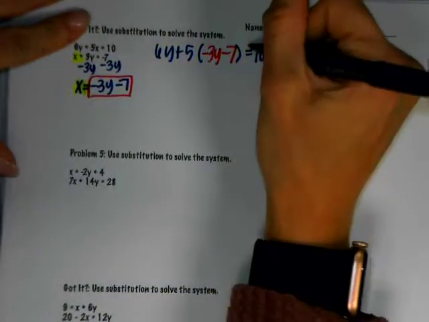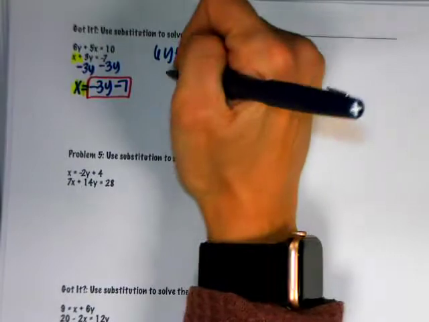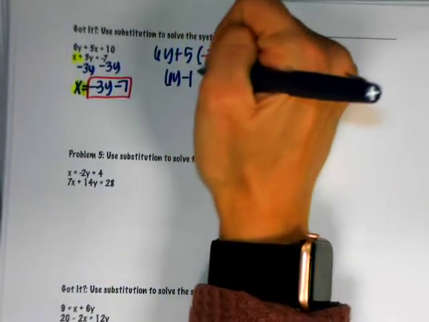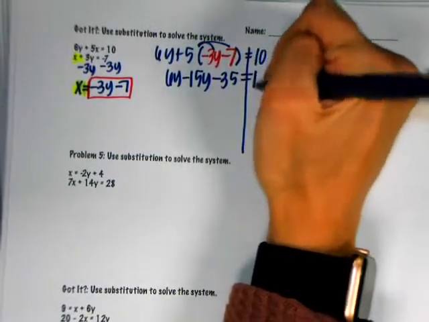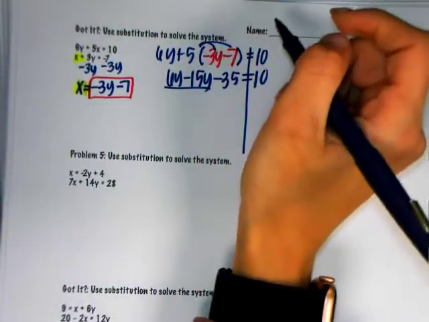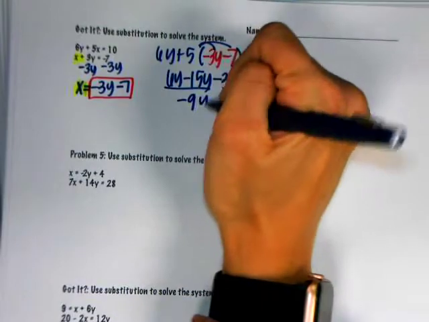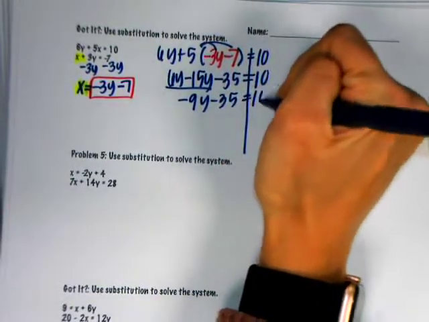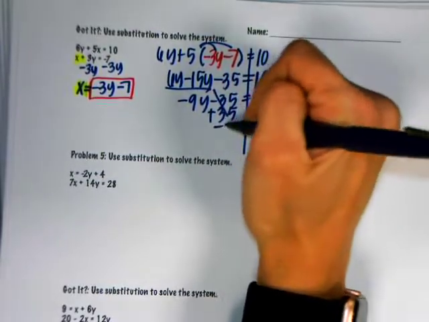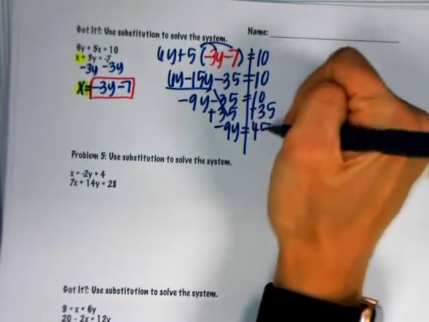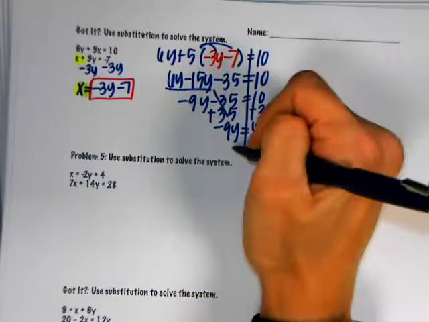And then solve that. So we'll distribute: 6y minus 15y minus 35 equals 10. 6 minus 15, that's negative 9y minus 35 equals 10. Add 35. Negative 9y equals 45. And then divide, so we get y equals negative 5.